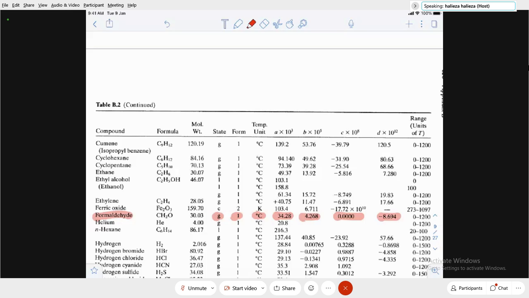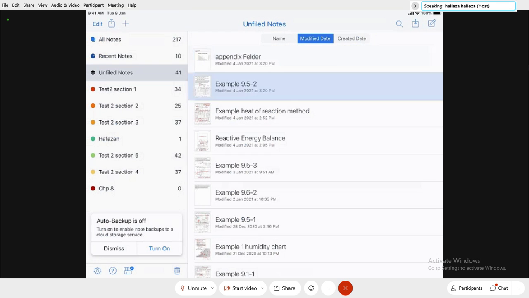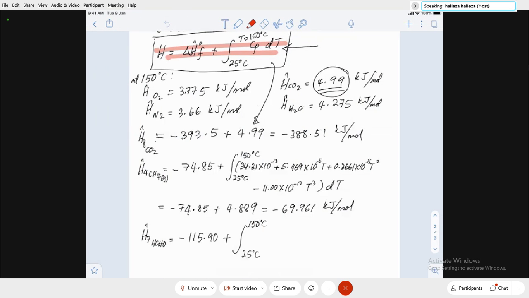I better write it down: 34.28, 4.268, and lastly, negative, plus 0. I don't forget the 0. Negative 8.694. Okay, I'm going to go back to that example. So for this equation, we have 34.